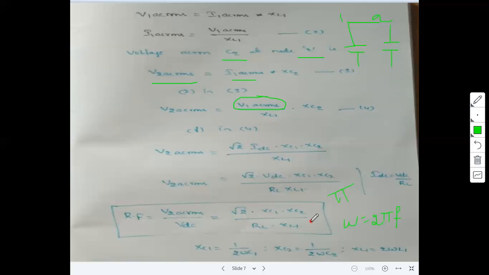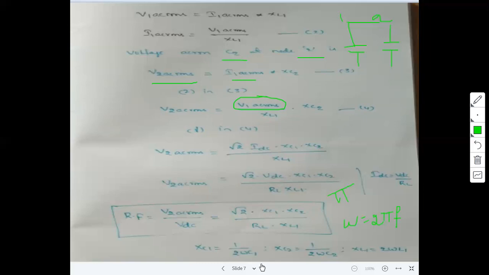When we take some values and calculate the ripple factor, the value is very small. Okay, this is about filter circuits.